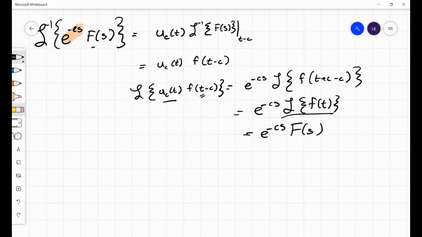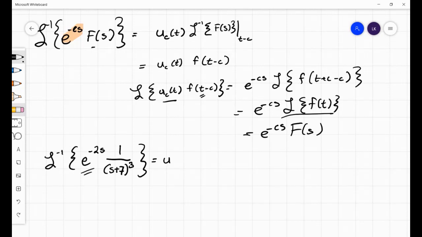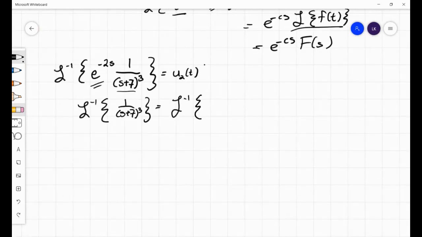So for example, the inverse Laplace, this exponential will become a step function in the time domain. It gets turned on at 2. Consider the inverse Laplace of this function of s. It looks like 1 over something cubed, so that looks like the Laplace transform of t squared. Of course, if this is power 3, we need a 2 factorial in the numerator. So we introduce a 2 in the numerator and the denominator.